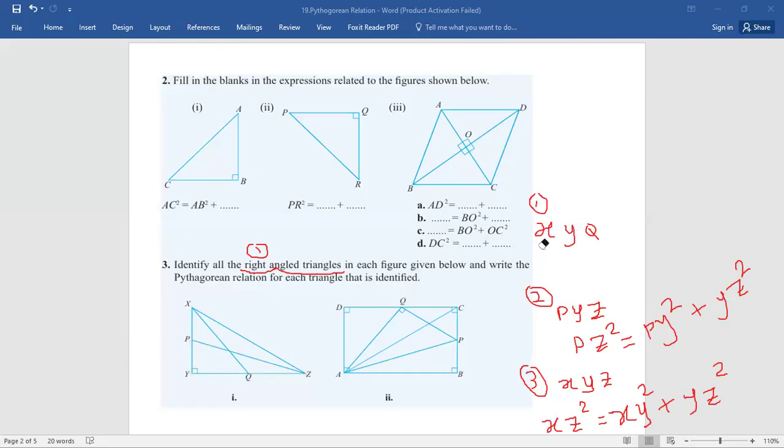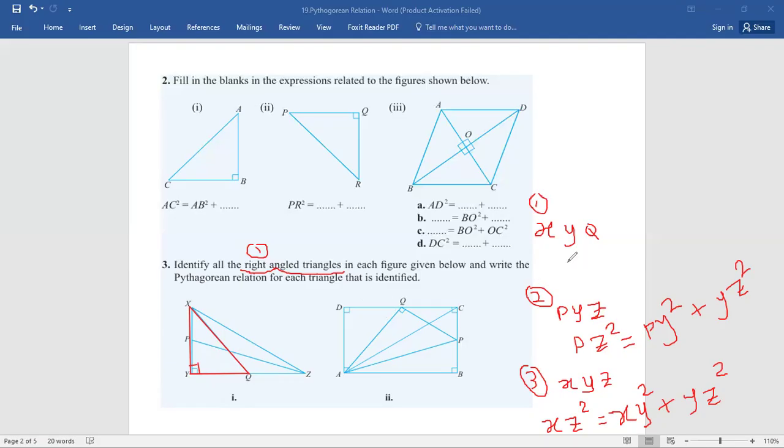Now I am going to apply my Pythagorean relation to XYQ. First of all, I will highlight it for you. XYQ. So this is my first right angle triangle, right? What is the hypotenuse of the XYQ right angle triangle?